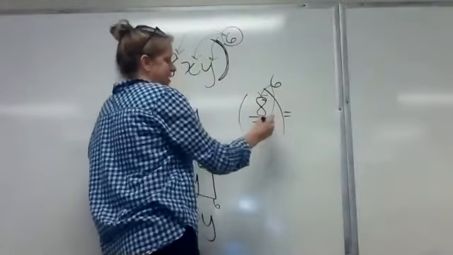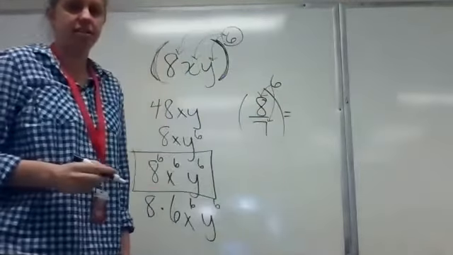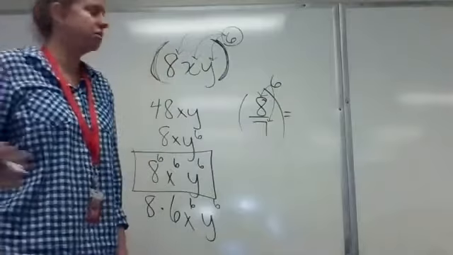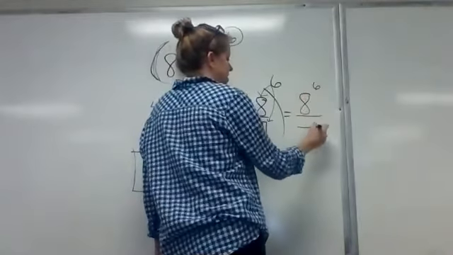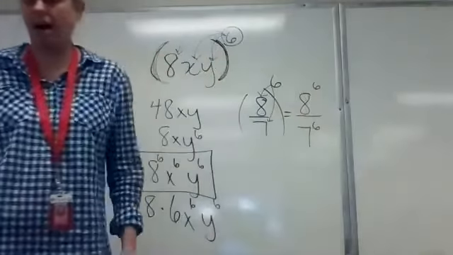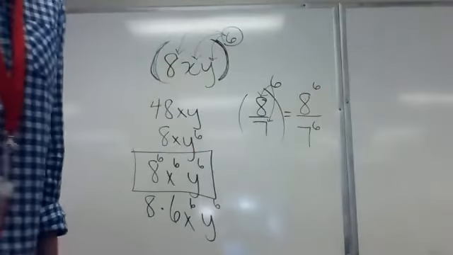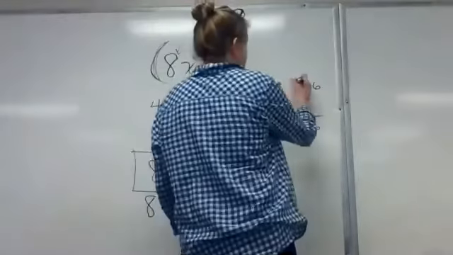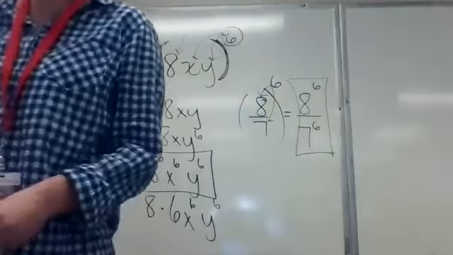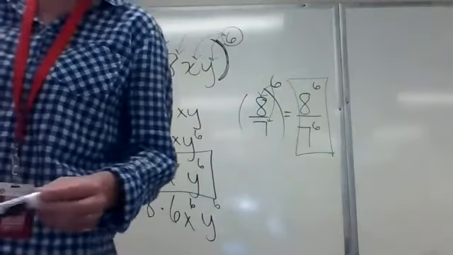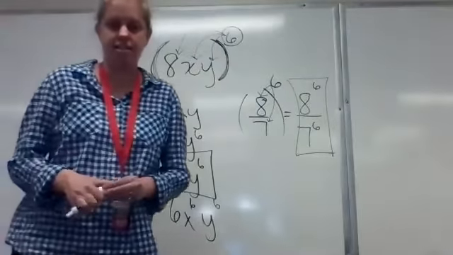The 8 and the 7. So if I rewrote this out, the 8 would be to the 6th power and the 7 would be to the 6th power. And since it says to leave it in exponential notation or exponential exponent form, you're actually going to leave it just like that instead of trying to figure out what that is.